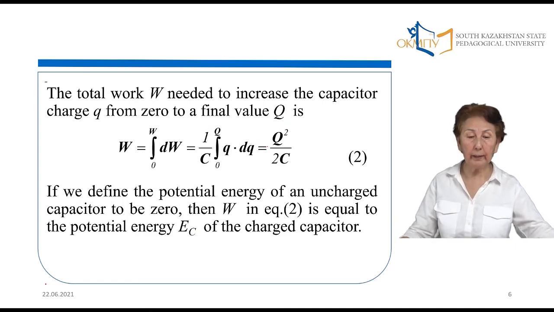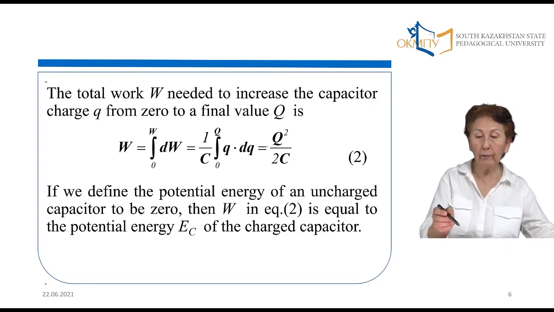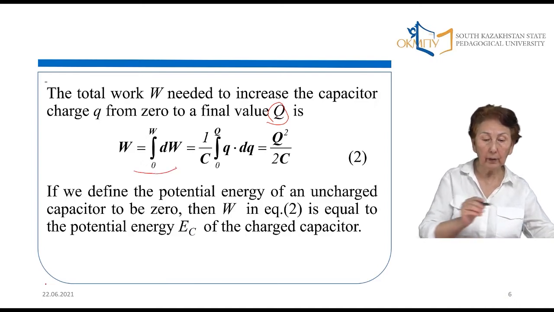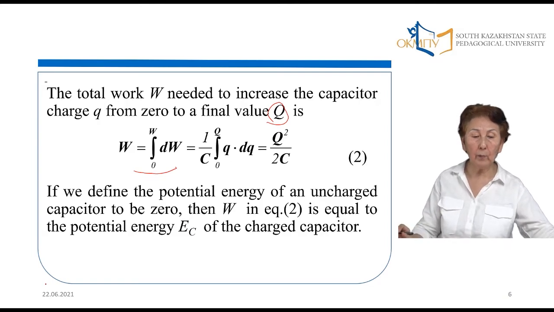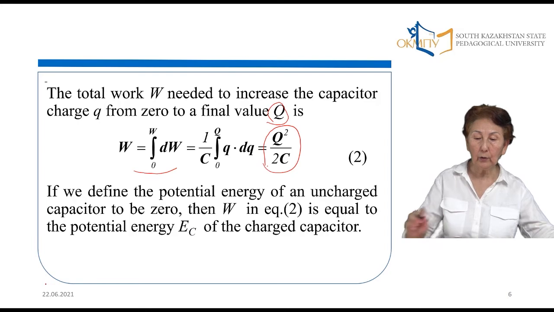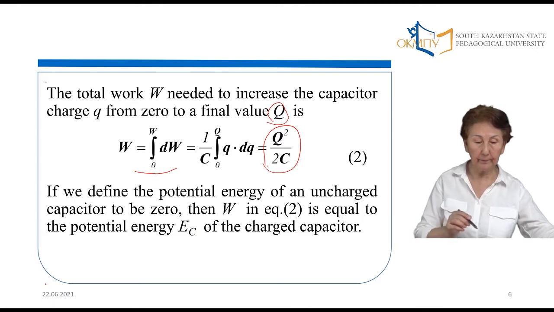The total work needed to increase the capacitor charge from 0 to a final value Q will be obtained via integral of small amounts of work needed to transfer elements of charge, and then we get the total work is equal to the ratio of the charge squared to twice the capacitance.